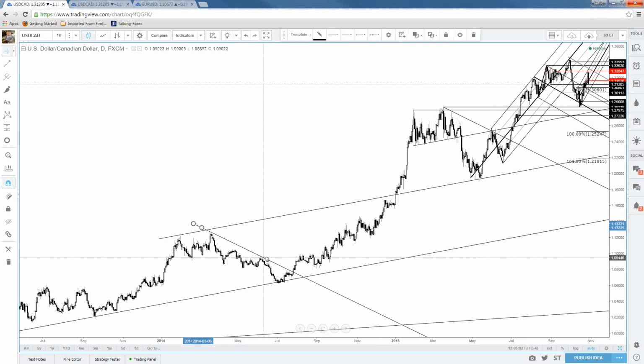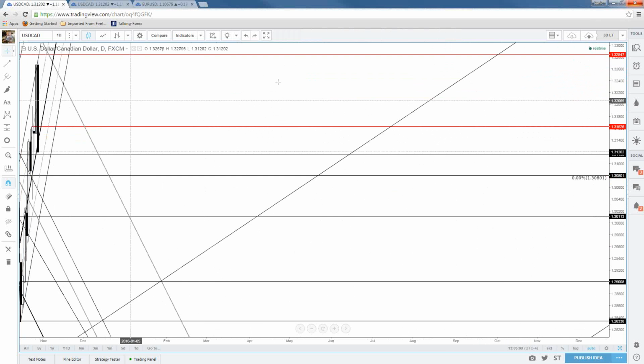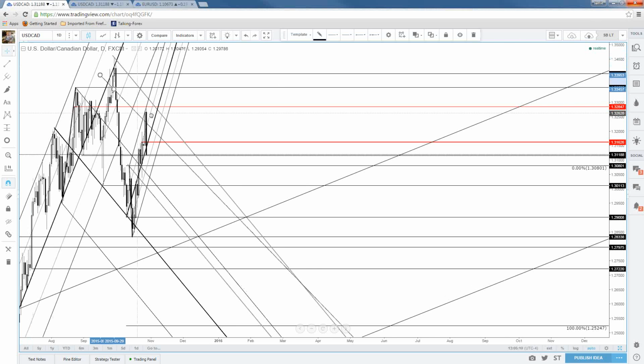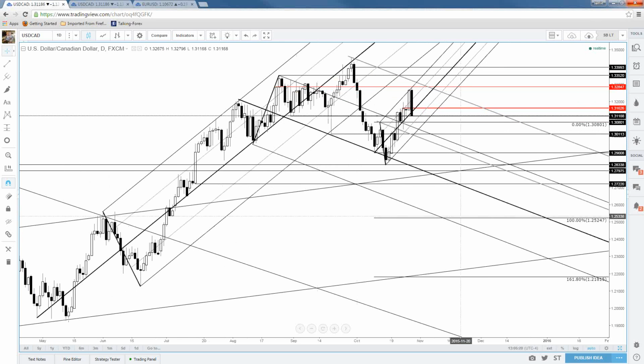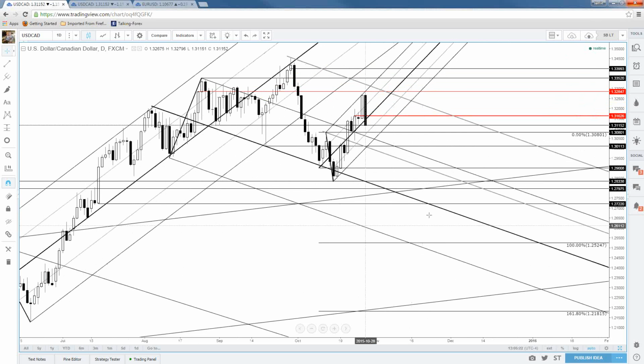Not the exact same, but it's pretty close, right? And then that is actually also fairly close to this one. Not as steep, but it's close enough. So just the idea of that's the angle of downtrends in dollar CAD. And that's kind of what I'm thinking, that we top near 1.3150, 1.3160. Man, dollar CAD is tanking.